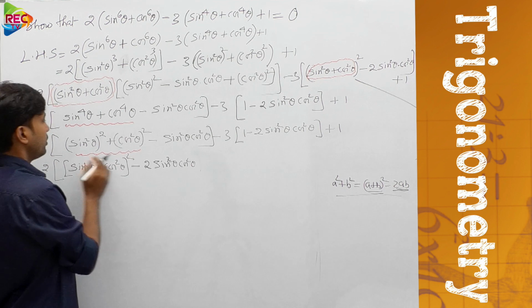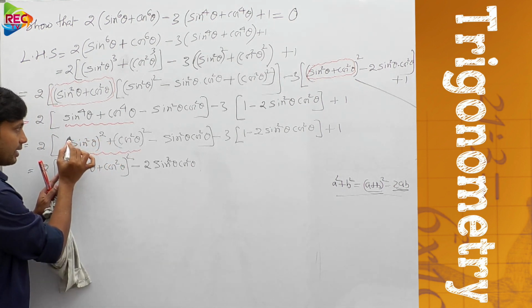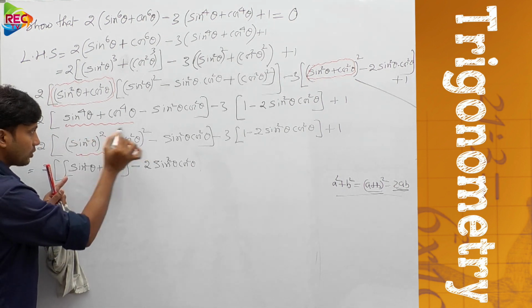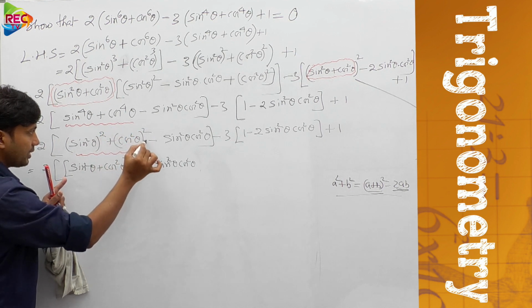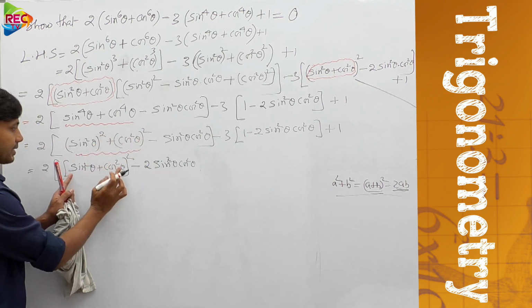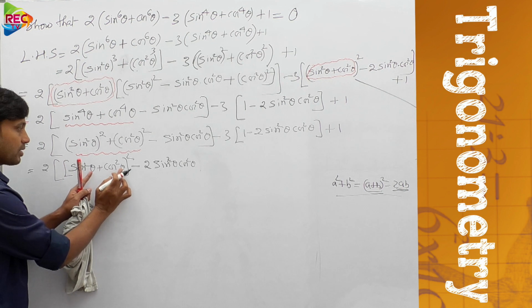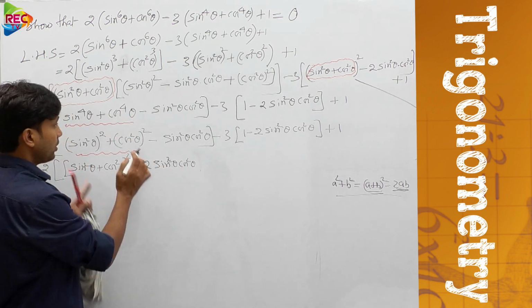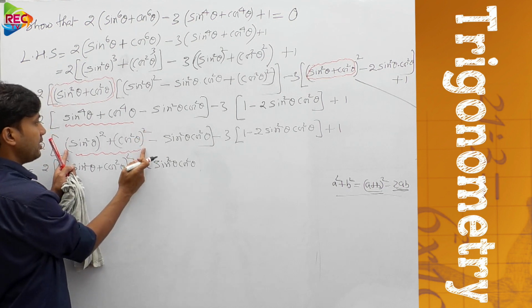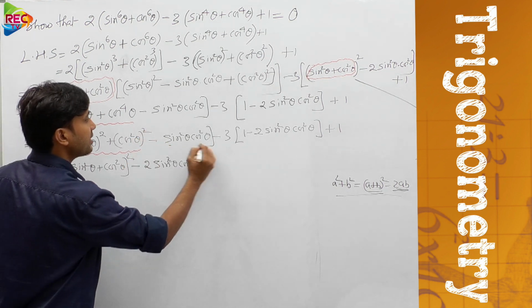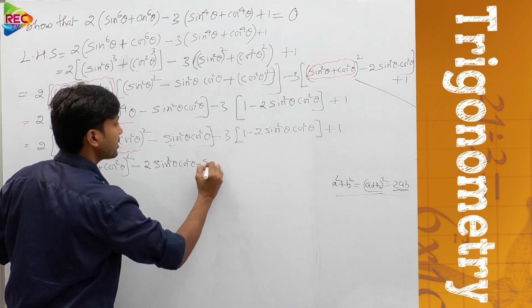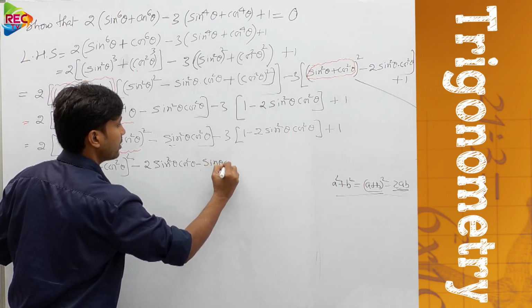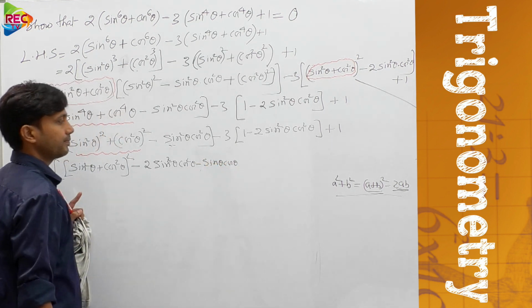And so here we wrote, just don't get confused about here. Sin square theta whole square plus cos square theta whole square value would be sin square theta plus cos square theta whole square minus 2 sin square theta cos square theta. So value of this is this, minus again this value is left over, minus sin square theta cos square theta.